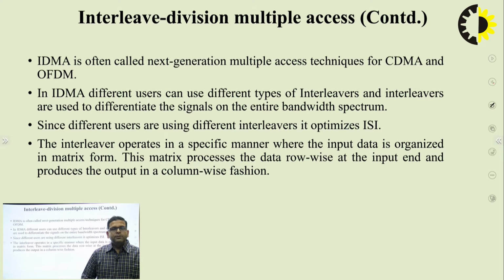Since each user utilizes a different type of interleaver, this ensures the minimization of intersymbol interference. Interleavers work in a very specific manner: the input data is organized in a matrix form. This matrix processes the data row-wise at the input and produces the output in a column-wise fashion.